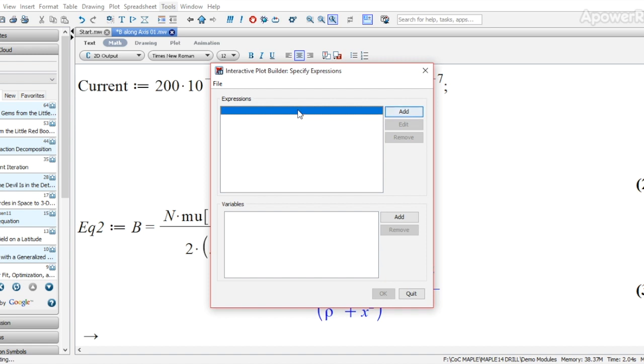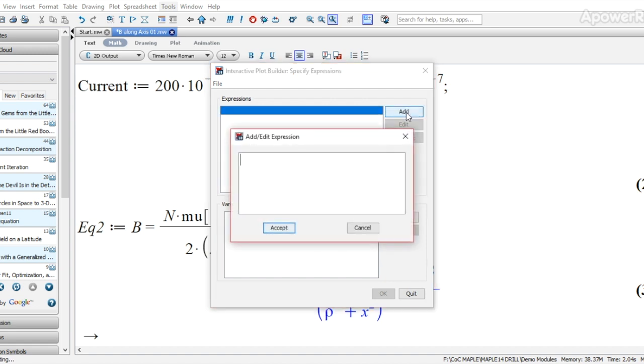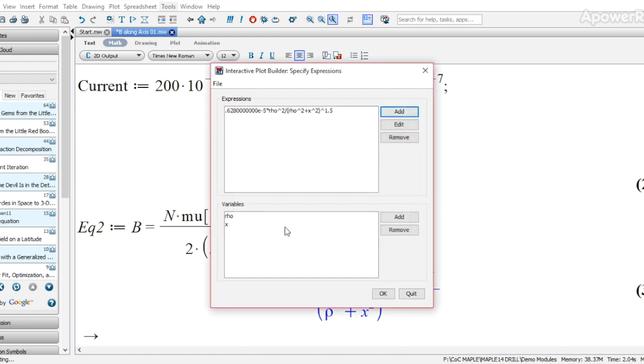Then you can press here, add an equation. This is the quantity B which is being plotted on the y-axis. We accept this equation. Here we have two variables, rho and x.